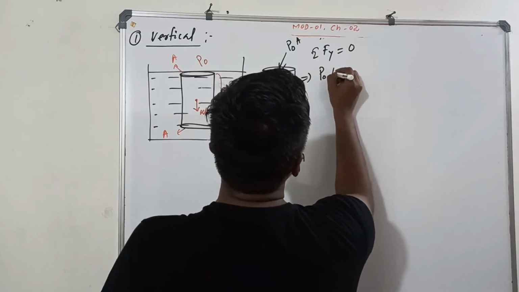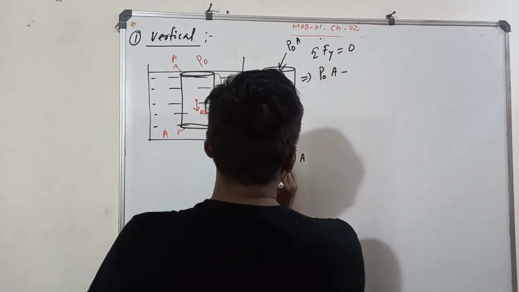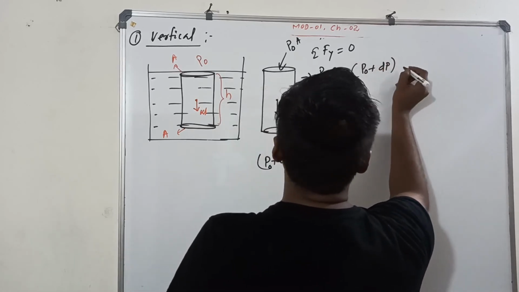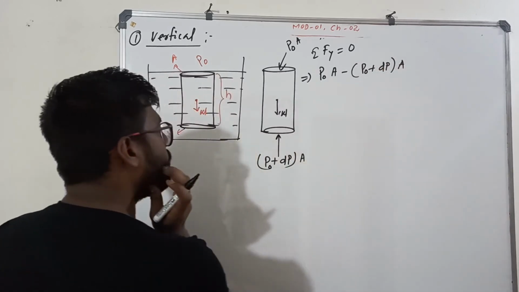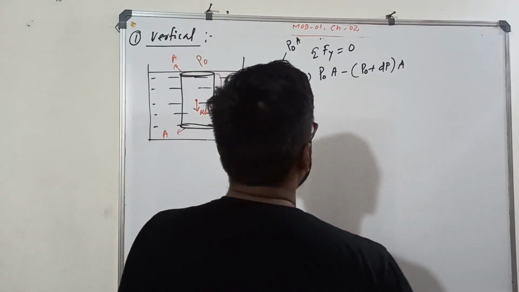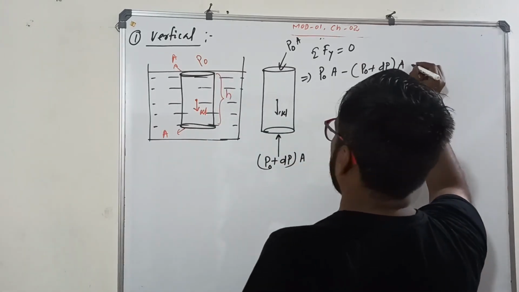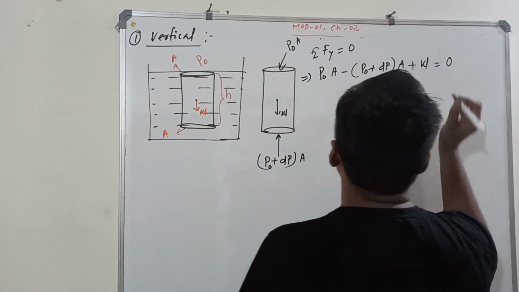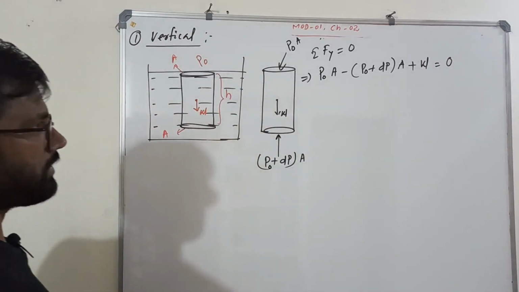That means P naught A minus (P naught plus dP) into A plus W is equal to 0.